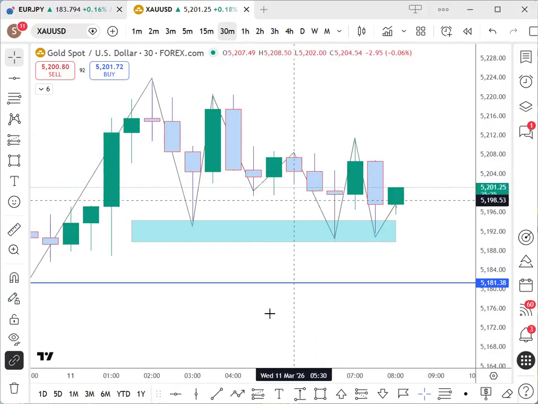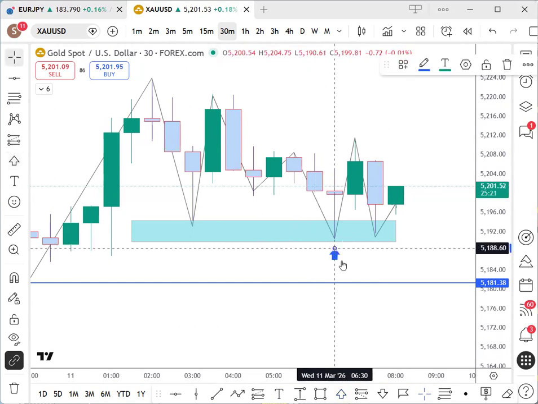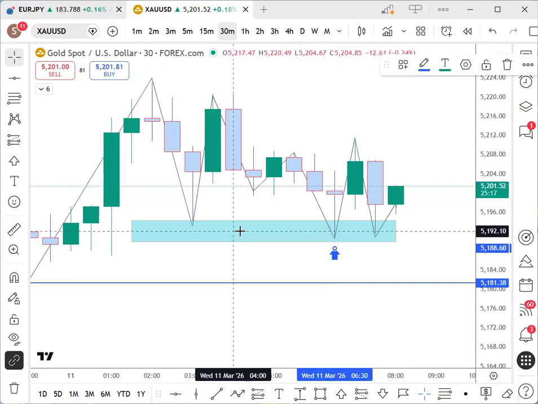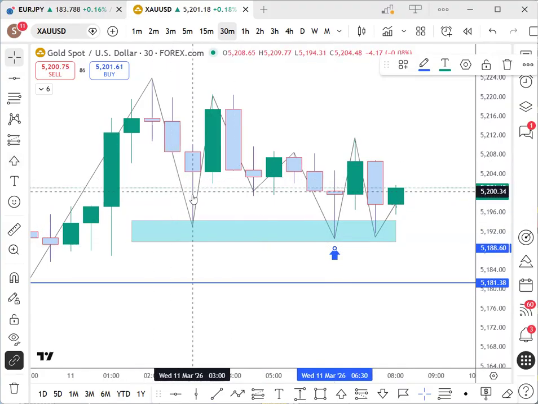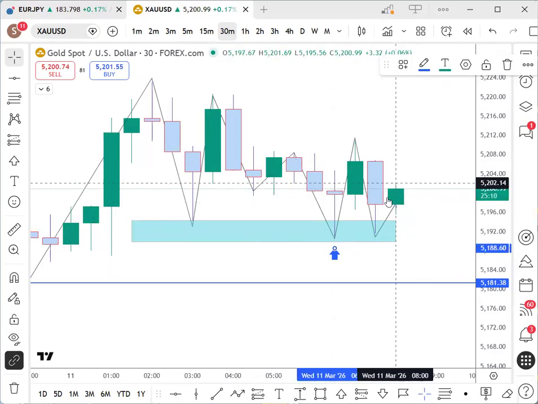Okay, so we can see that right here, we can see a rejection candle. We see a bullish engulfing candle there. We see a lot of rejections of these lows here. So there's a potential that price could actually push up.